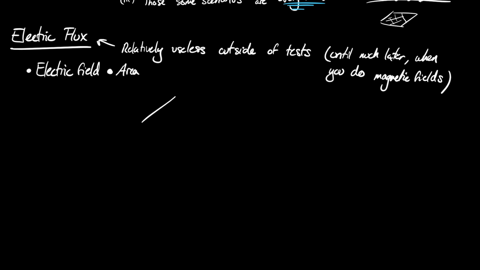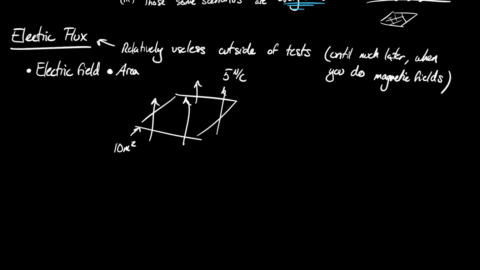So just schematically, this may not be a physical piece of paper, it may just be some imaginary sheet, and you're told the sheet has an area of 10 meters squared, and there's an electric field of 5 newtons per coulomb.